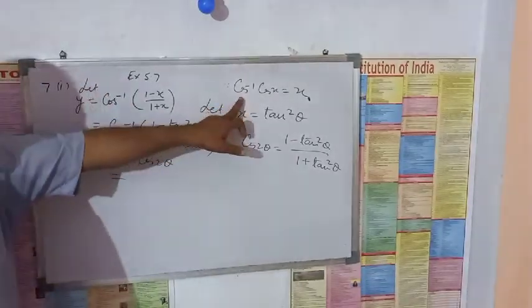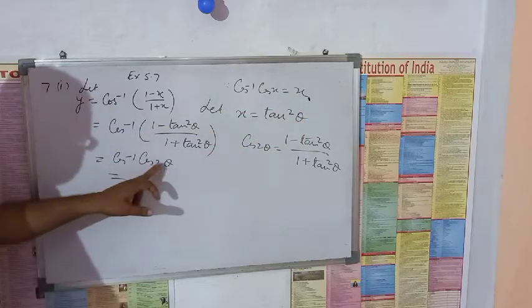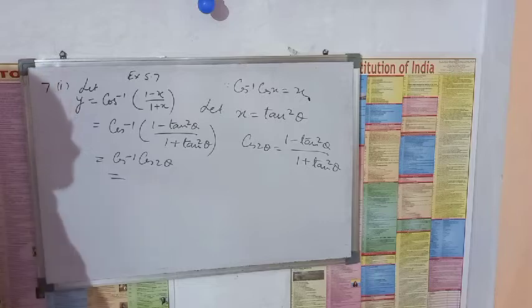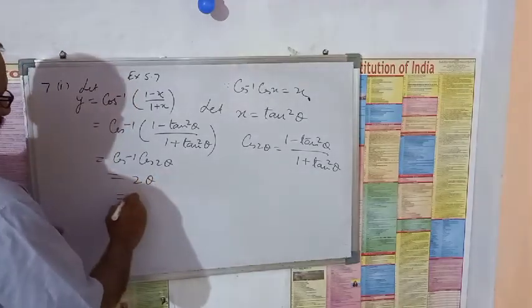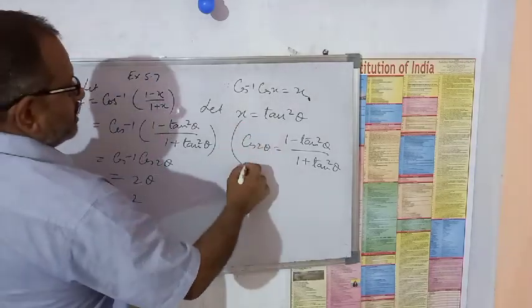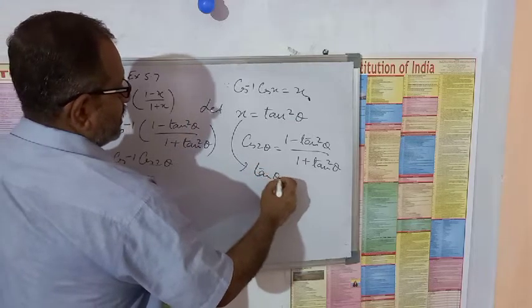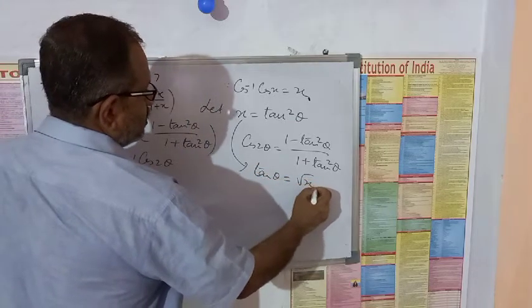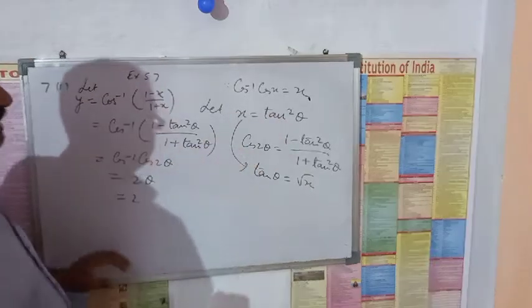Now apply this property, cos inverse cos x is equal to x. So cos inverse cos 2 theta will be equal to 2 theta. Now we have to put the value of theta. So see here, x is equal to tan square theta. So what will be tan theta? Tan theta is equal to root x.